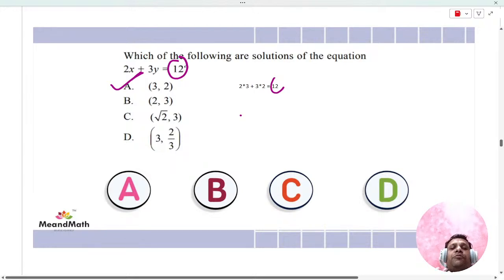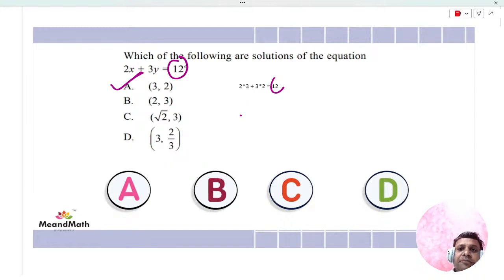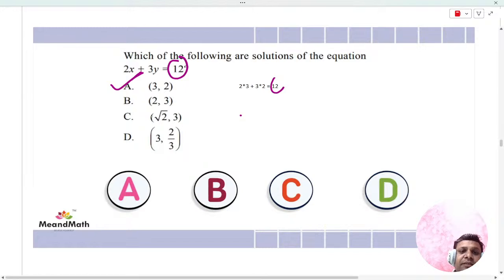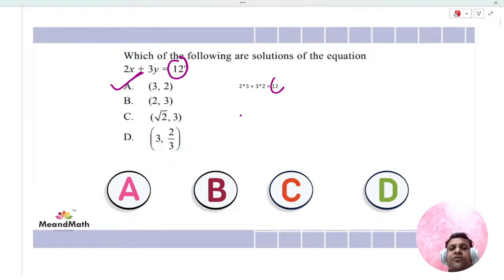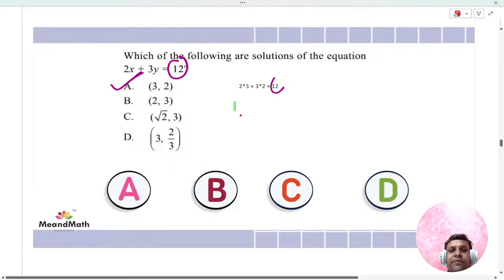हो सकता है कि कोई दूसरा ऑप्शन सेटिस्फाई कर जाए. अगर दूसरा ऑप्शन सेटिस्फाई करेगा तो वो भी आंसर हो सकता है. तो लेट्स चेक. बट आप चेक करोगे यहाँ पर एक ऑप्शन है रूट में, तो इसका आंसर रूट में आएगा. और अगर आंसर रूट में है तो सेटिस्फाई नहीं करेगा क्योंकि जो डिनोमिनेटर है वो रूट में है. तो बी ऑप्शन को हम चेक करते हैं. 2 into 2 plus 3 into 3.